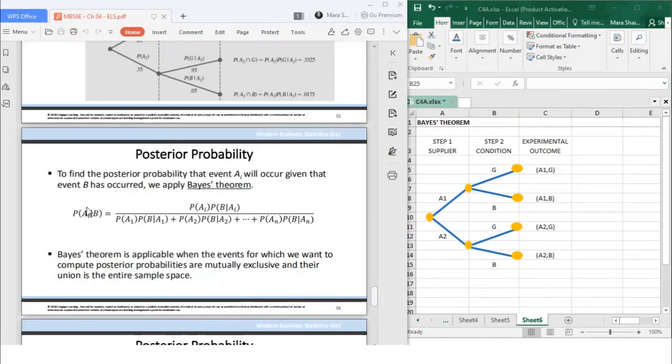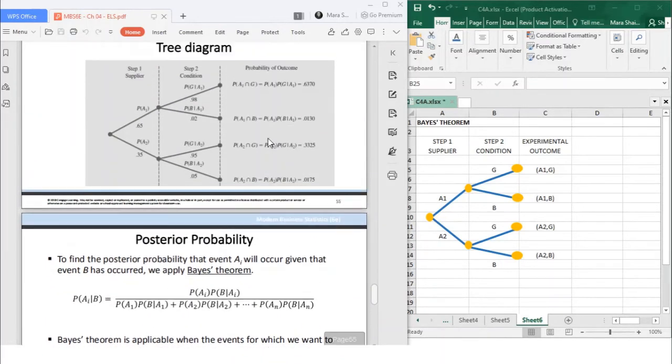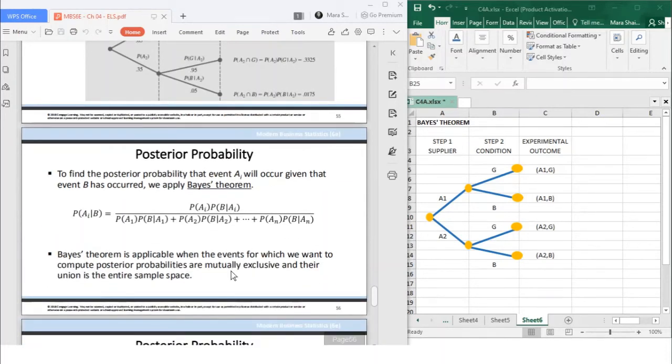Our formula for conditional probability is the intersection of A_i and B. The intersection of A_i and B is solved through the formula: the probability of A multiplied by the probability of B given A. So that is your numerator. It is just an expansion of your formula for conditional probability.